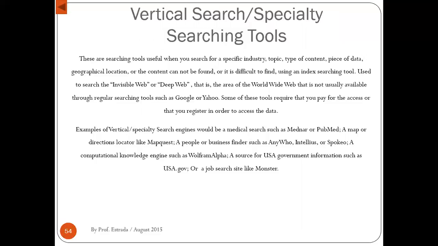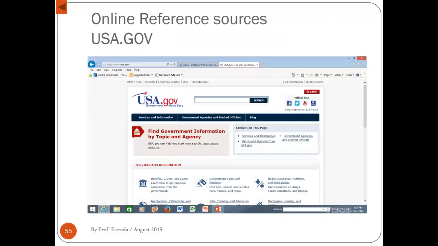Examples of vertical or specialty search engines would be a medical search such as Mednar or PubMed, a map or directions locator like MapQuest, a people or business finder such as Anywho or Intelius or Spokeo, a computational knowledge engine such as Wolfram Alpha, a source for USA government information such as USA.gov, or a job searching site like Monster. Go ahead and take a look at the USA government web portal, USA.gov.